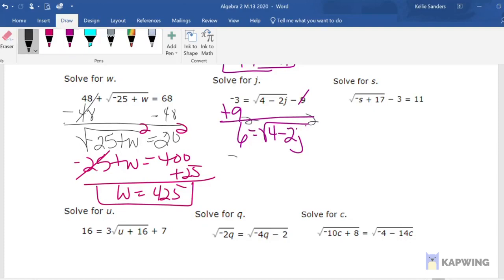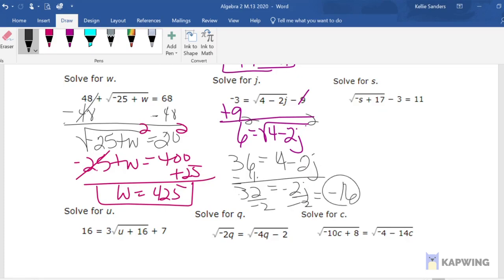Square both sides. Divide by 2, divide by negative 2, and you get negative 16. Add the 3.